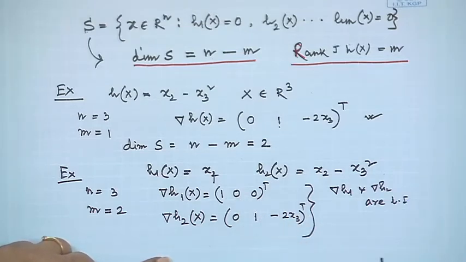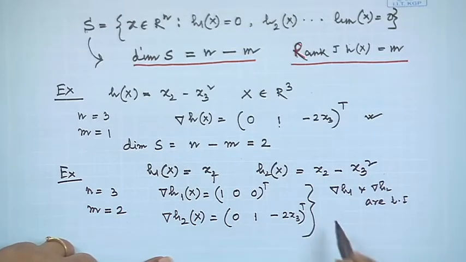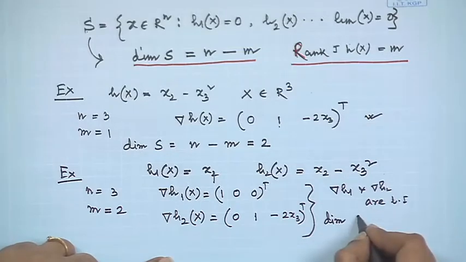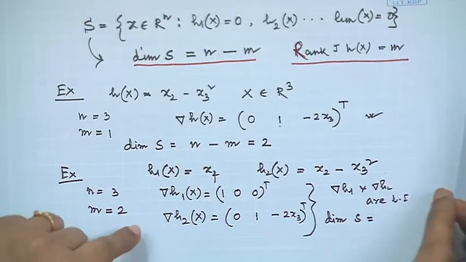One cannot be expressed in terms of the other one. You can very easily find it out. And not only that, we can also find the dimension of S. Let me explain to you.